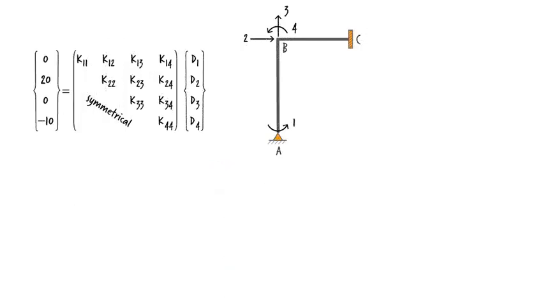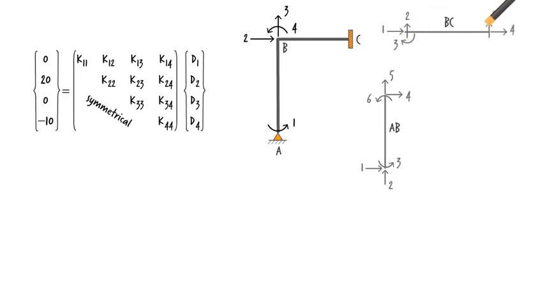Let's determine the elements of the system stiffness matrix. We do this by adding related elements from the member stiffness matrices. Let's keep the numbering system for members AB and BC in mind. Here are the numbers for AB, and here they are for BC. K11 of the system is the same as K33 of member AB. K12 of the system is the same as K34 of AB.